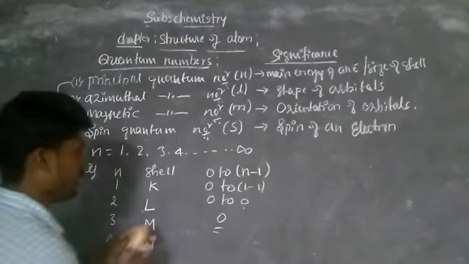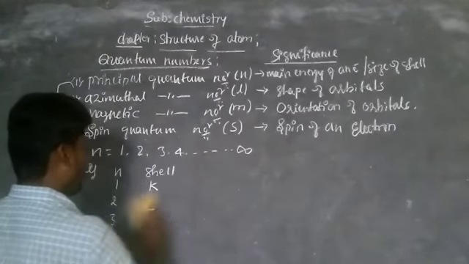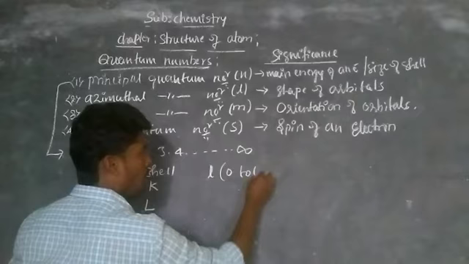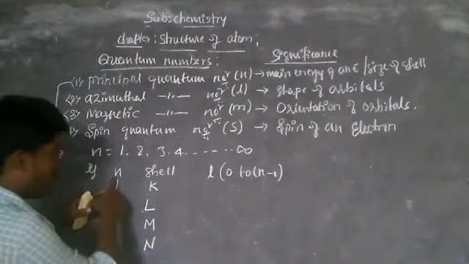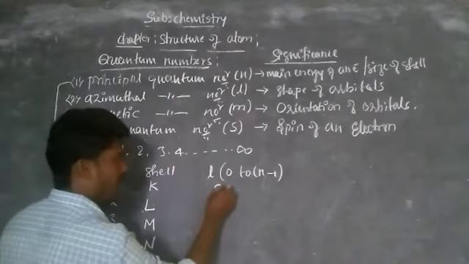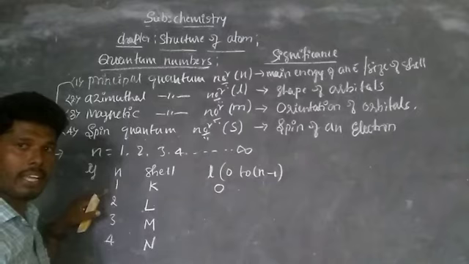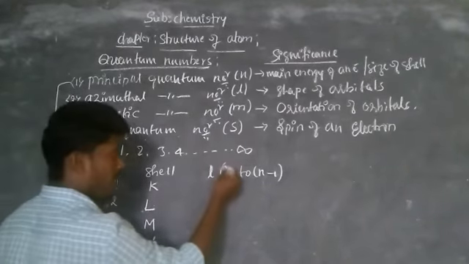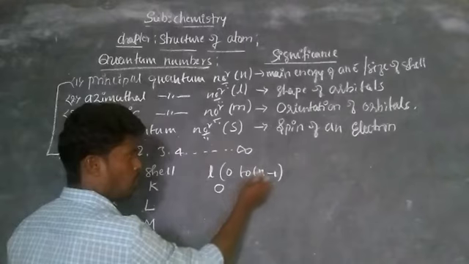Okay, right? For n equal to 1, the l value is only 0. Then similarly for n equal to 2, the l values are 0 to n minus 1.